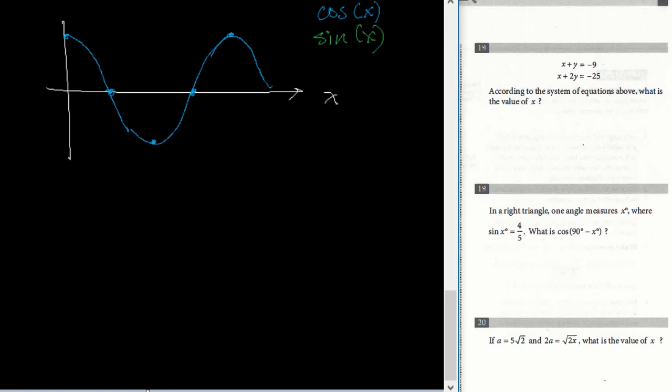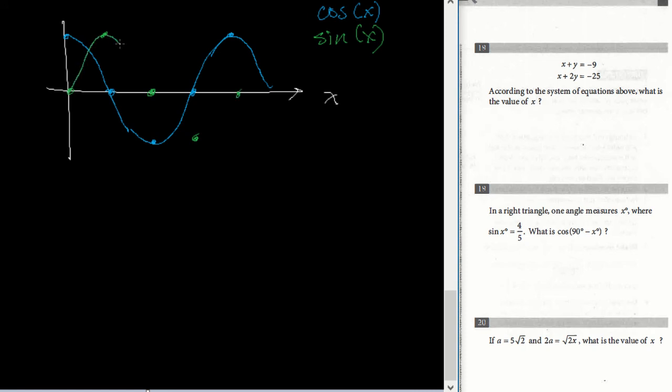And sine of 0 is 0, right? Sine of 90 is 1. Sine of 180 is 0. Sine of 270 is negative 1. And sine of 360 is 0, right?